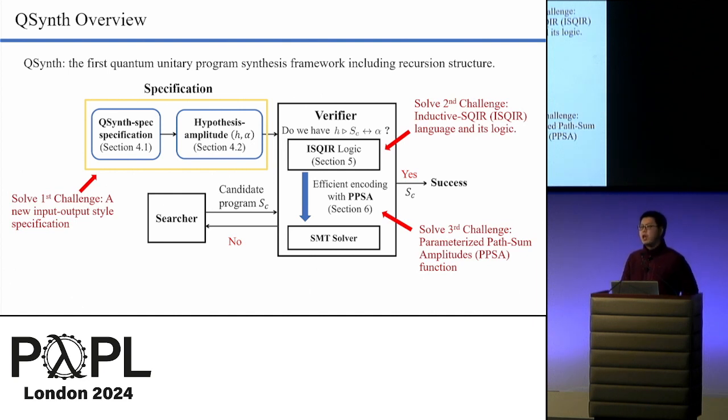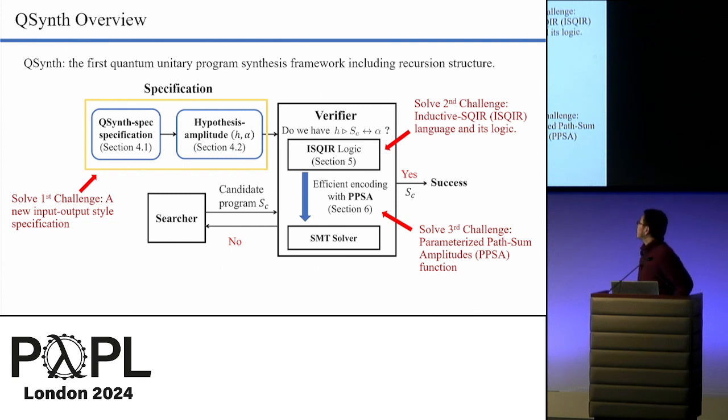For those three challenges, QSynth includes three key new designs. The first one is that QSynth designed a new specification, a new input-output style specification. So users do not need to give an exponential size matrix or exponential size input-output vector pairs to specify the target unitary matrix.